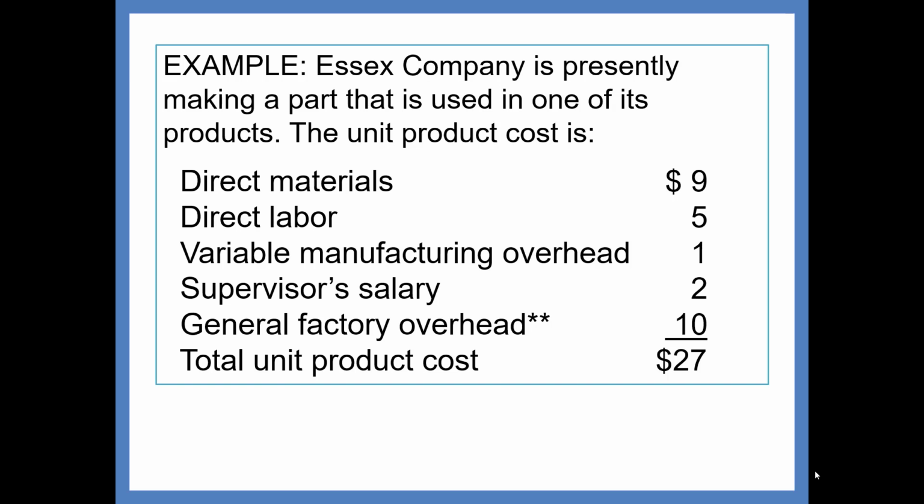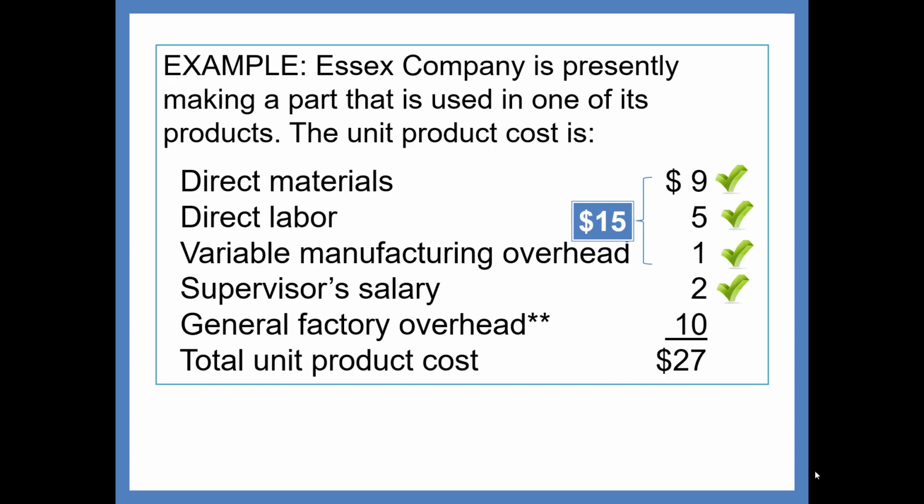Let's take a look at each of the costs and identify what is relevant. The direct materials of $9, the direct labor of $5, and the variable overhead of $1 are all relevant. These will all be incurred if you make the part, and they will not be incurred if you decide to buy the part. I'll combine these to be $15 per unit. The supervisor's salary will change. You won't have the supervisor's salary if you decide to buy the part.